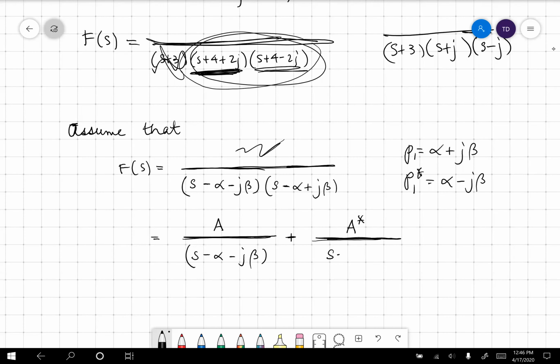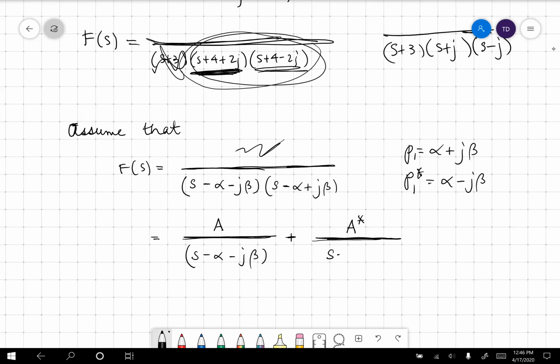A conjugate, you can probably see why it is a conjugate, because it's s minus alpha plus j beta times F of s, but we're going to evaluate everywhere where s is equal to alpha minus j beta.